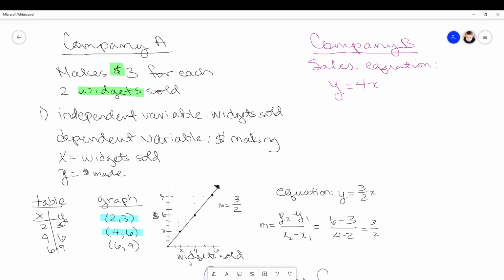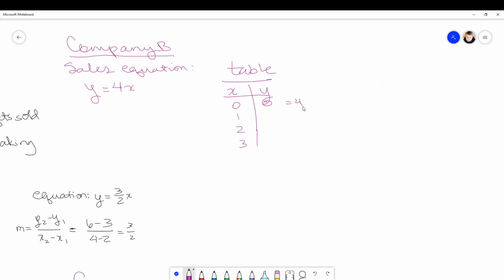And all I'm going to do here is use values. So I'm going to do x is 0, and 1, and 2, and maybe 3. If you use 0, you should use 3 other coordinates, but if you start with something else, 3 is fine. So anyway, when x is 0, this is 0 times 4, well, that's just 0. When it's 1, this is going to be 4 times 1, and that is 4.